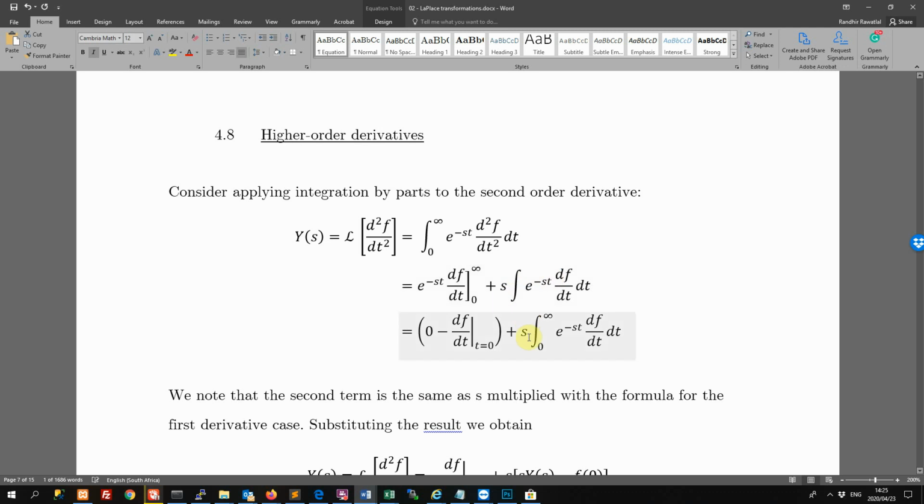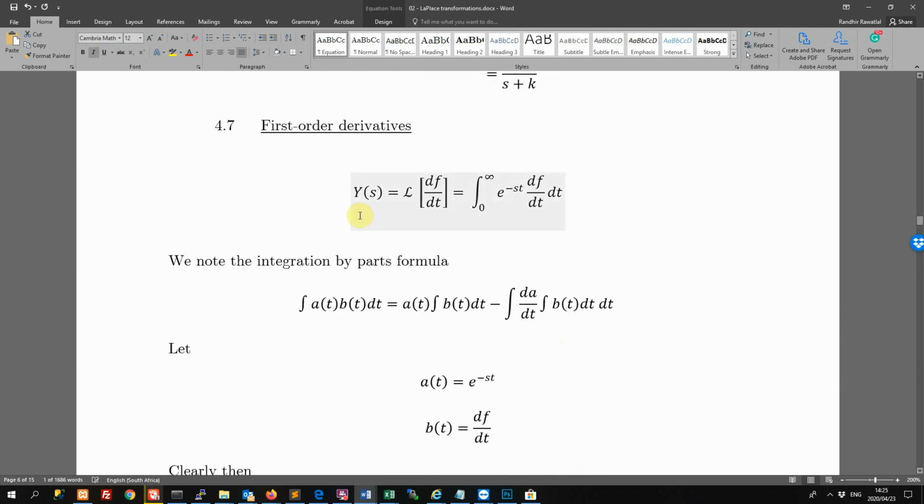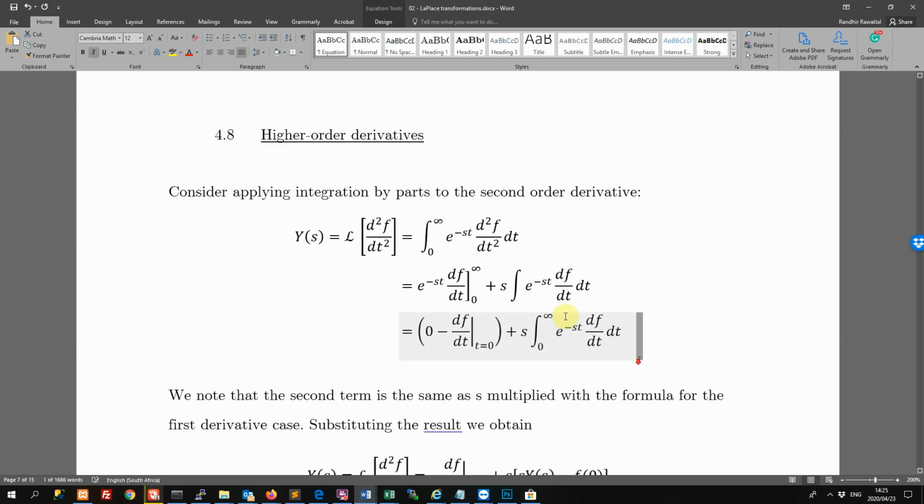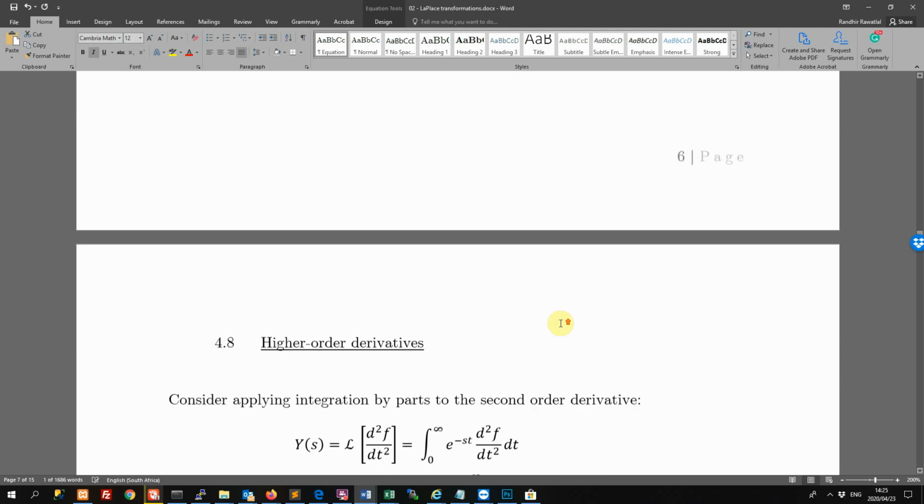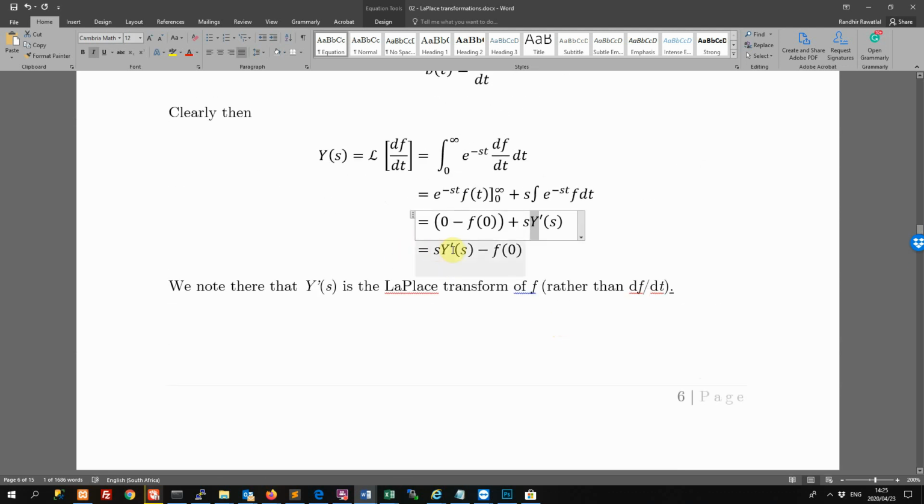And then this s here, now we can see here that this is the same as the first order case. Right? If you go back here, we were looking for the Laplace transform of the derivative of f, which is the same as what we just looked at. So we know what this is going to be, right? We have s y dashed f at 0.